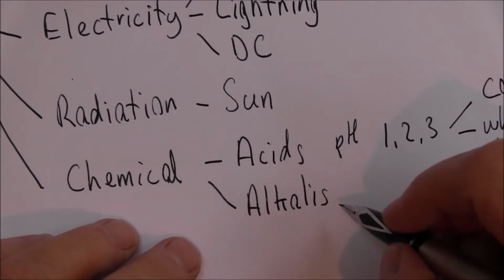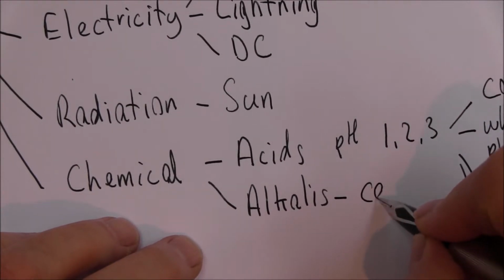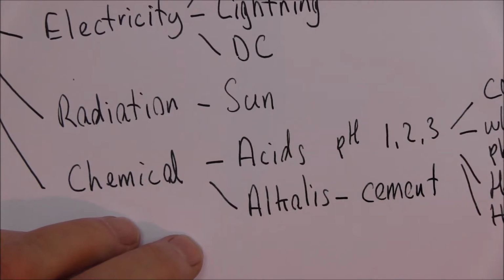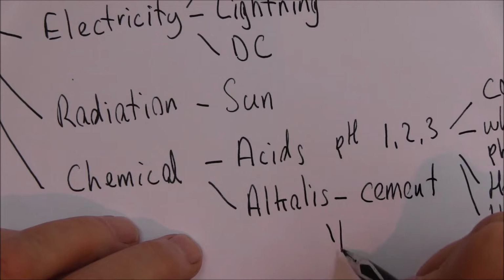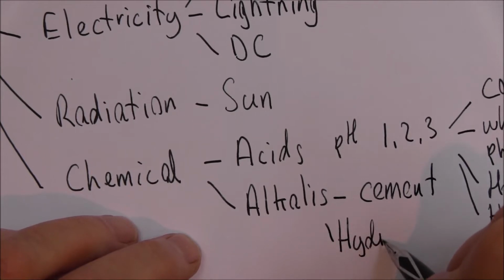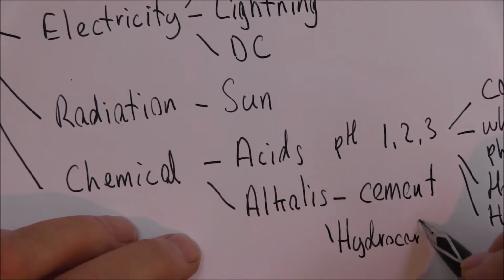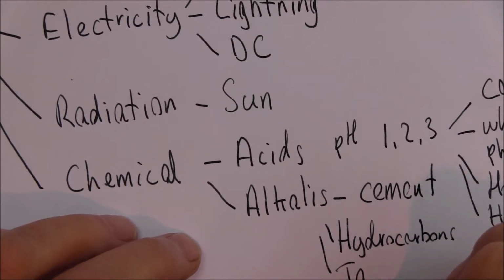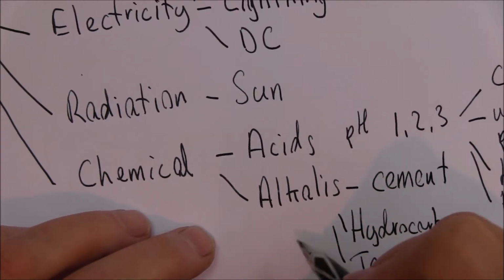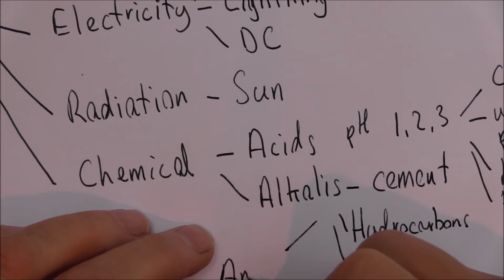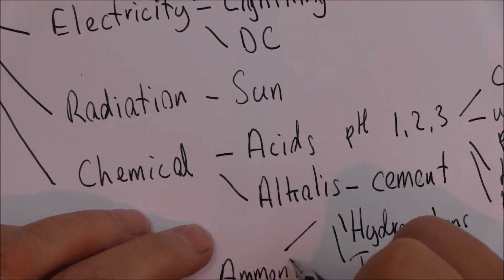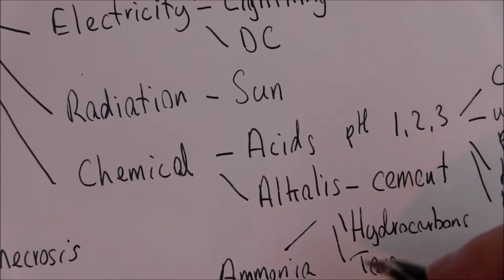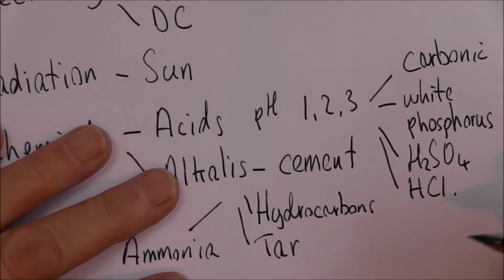So this can be things like cement or plaster for plastering walls, hydrocarbons, tar is alkaline, ammonia, all alkalines, and these have pHs that are high.